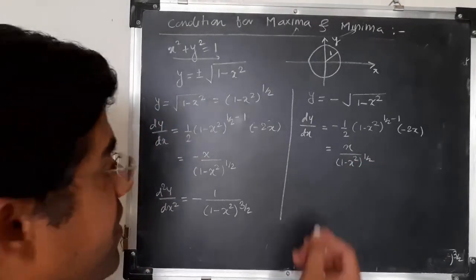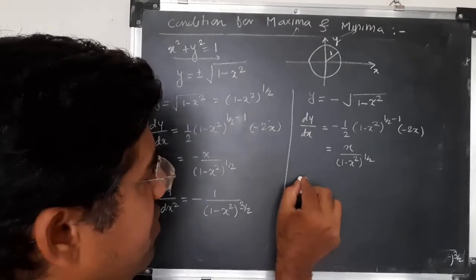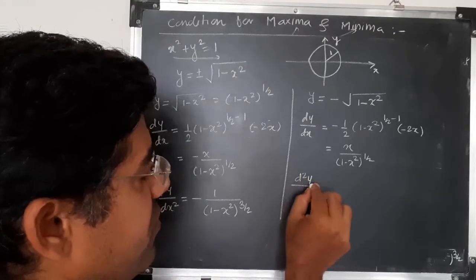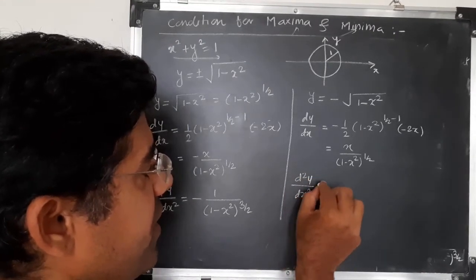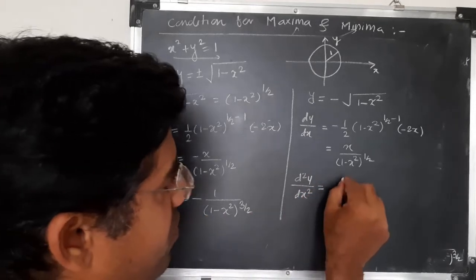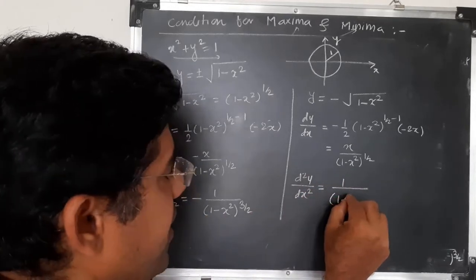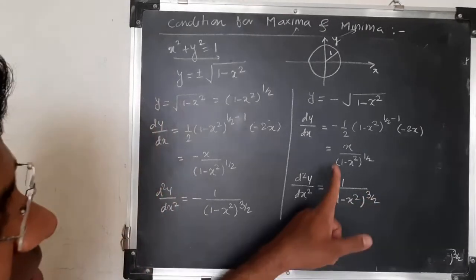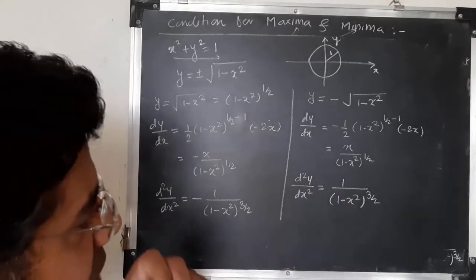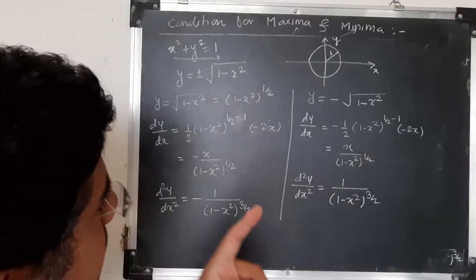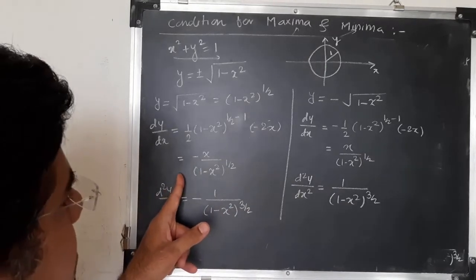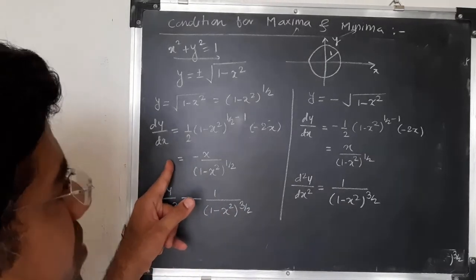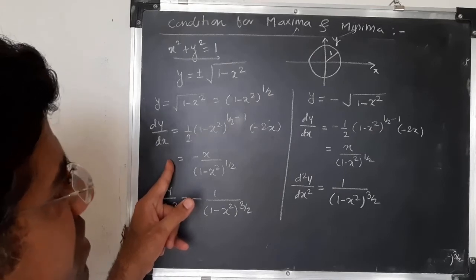Okay. And when you find out the value of d2y by dx square, you will get 1 divided by, you can try at home. You will get the value minus 1 upon this particular value. Now from this equation, the first derivative of that particular function is 0.